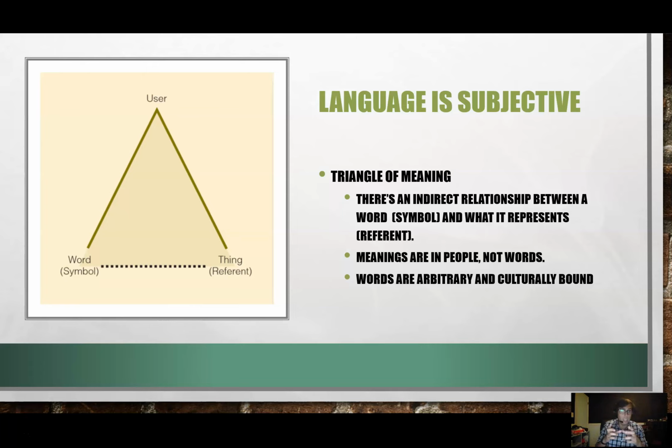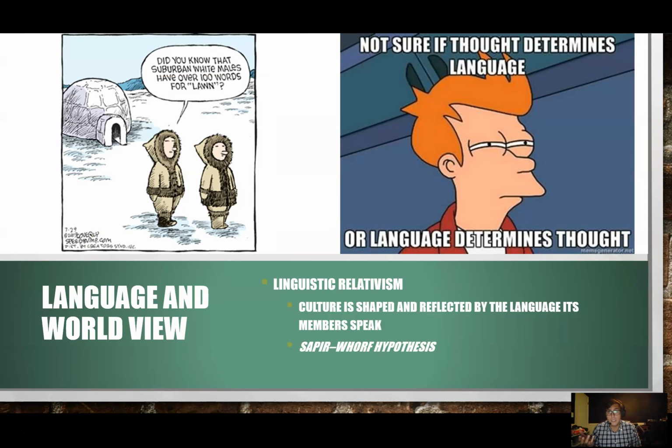The word is the same, feminist, but they think it's just women who want to dominate and control men. So in general, meanings are in people, not in the words, and words are arbitrary and culturally bound, and our culture affects those meanings.